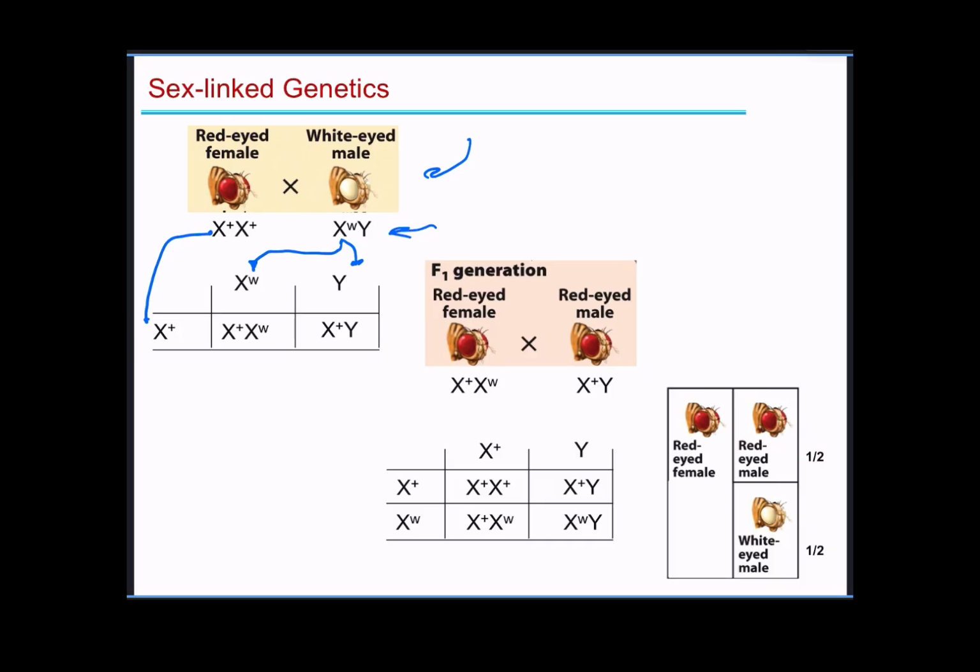And when you solve, you're going to have 50% females that are heterozygote for the mutant eye color allele. And because the mutation is recessive, these flies would have red eyes.